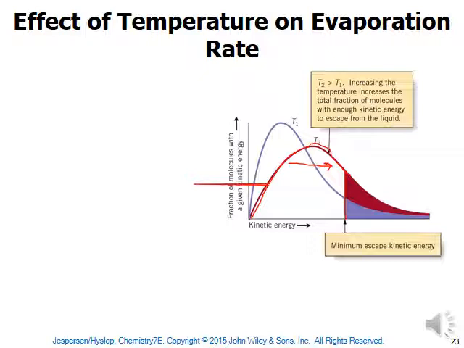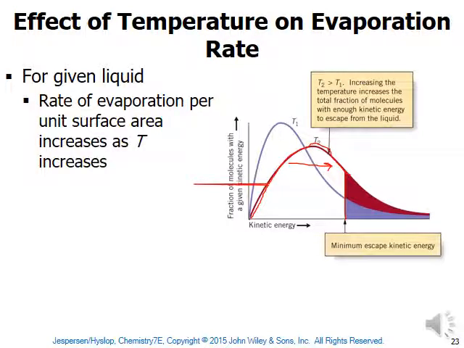Therefore, there are more particles that naturally have a higher kinetic energy, because the whole curve shifted to the right, and there are more particles that can escape. So when you increase the temperature, you shift the distribution so that more particles have higher kinetic energy, and therefore more have the minimum escape energy.